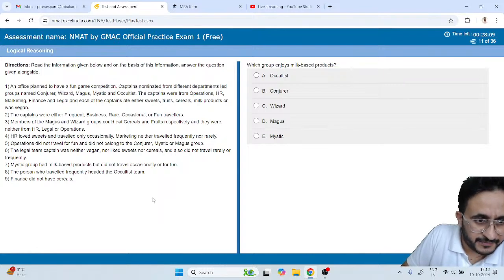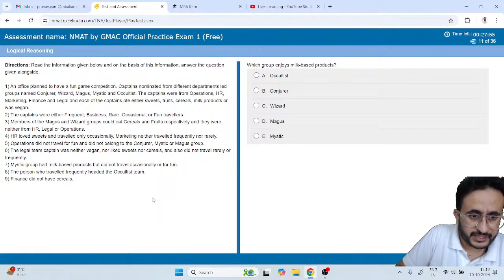Operations, HR, marketing, finance, and legal. Magnus and Wizard, cereals and fruits. They were from neither HR, legal, or operations. So they are from marketing or finance.